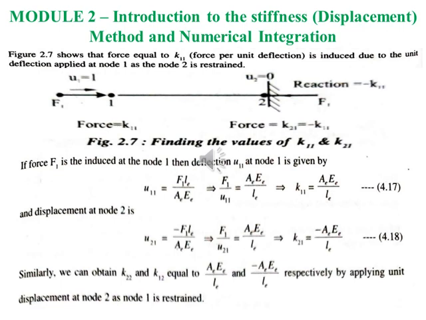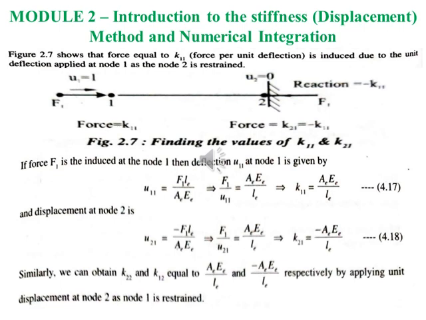Similarly, K22 and K12 also we can obtain in the same fashion. K22 will be equal to AE divided by L, and K12 will be equal to minus AE divided by L. This is obtained by applying unit displacement at node 2 when node 1 is restrained.